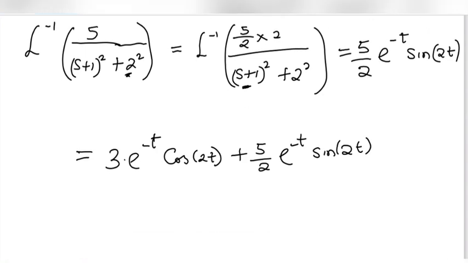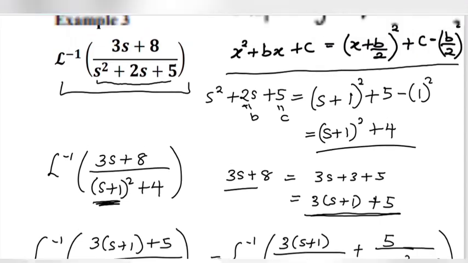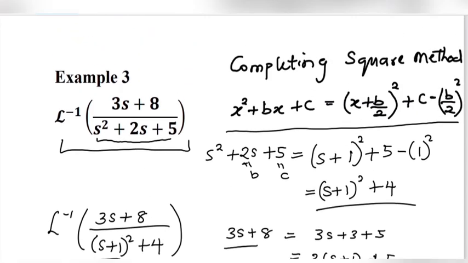You can rewrite this to be in this form: e to the power of negative t into 3 cosine 2t plus 5 over 2 sine 2t. And that solves this problem here.